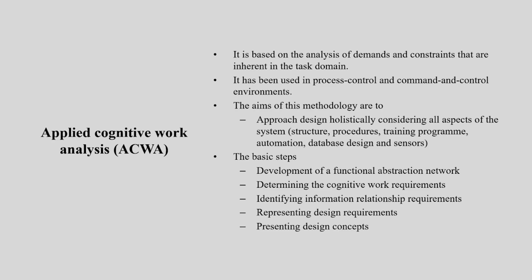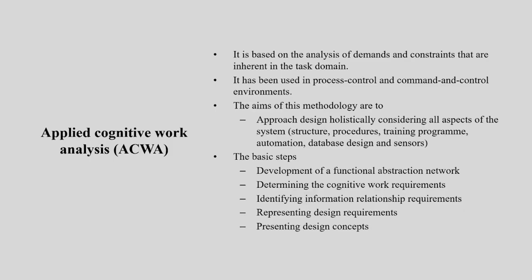So every tool, however all tools are not similar. Based on the objective of your research, you can choose any one of them. So the basic steps that we follow over here are development of a functional abstraction network, determining the cognitive work requirements, identifying information relationship requirements, representing design requirements and presenting the design concepts.